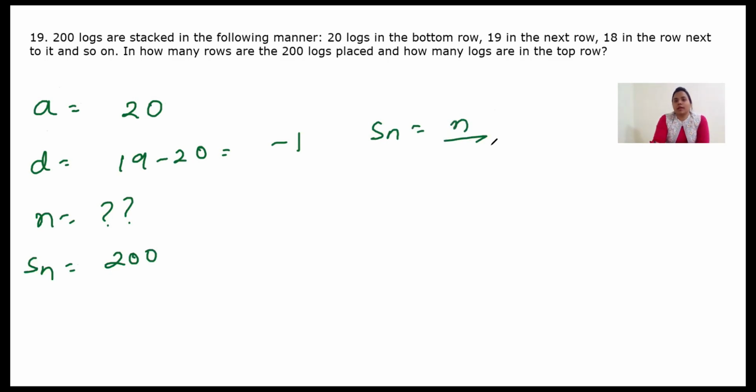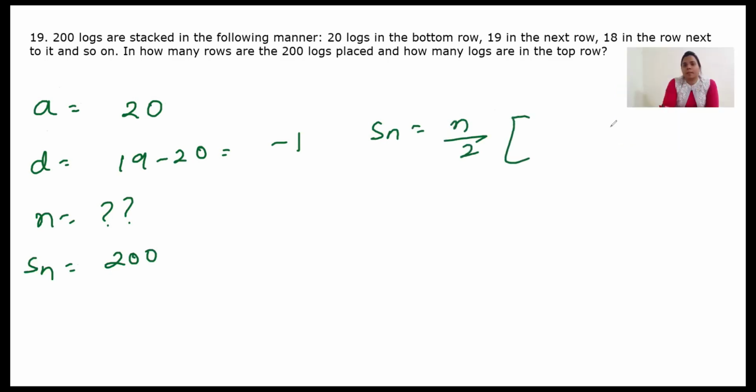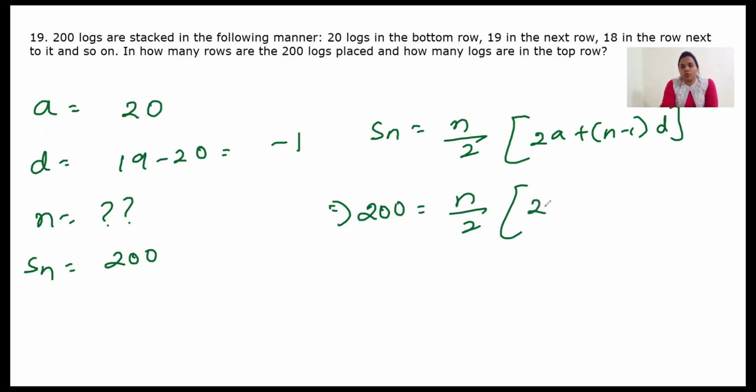Sn is equal to n by 2 times (2a plus (n minus 1)d). 200 is equal to n by 2 times (2 into 20 plus (n minus 1), and our d is minus 1). I can multiply this 200 with 2.